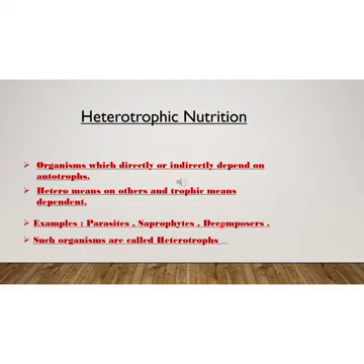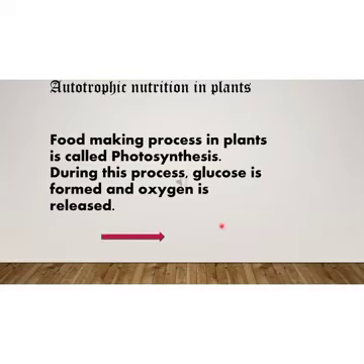Now we will learn autotrophic nutrition in the plant. The food making process in the plant is called photosynthesis, means when the plant makes food to fulfill its nutrition. As I told you previously, a plant obtains food and uses it, which is called nutrition.